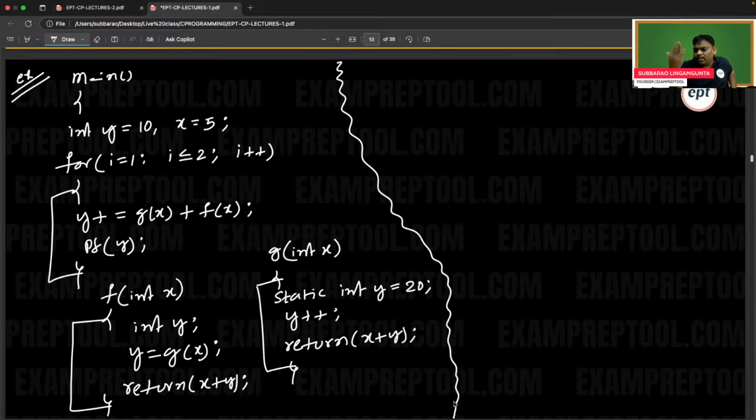Start doing, man. Four years of BTech you have been sitting idle. This is not the time for sitting idle. At the age of 80 or 90 you can sit idle. If you do it now, only then will you get to know where you go wrong.